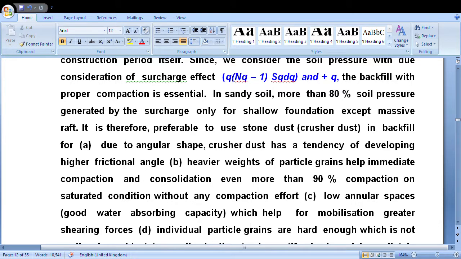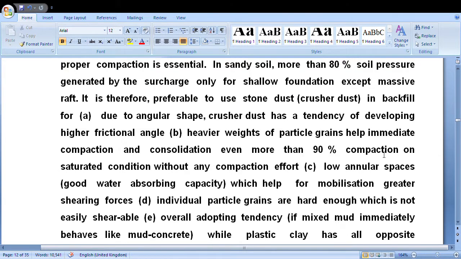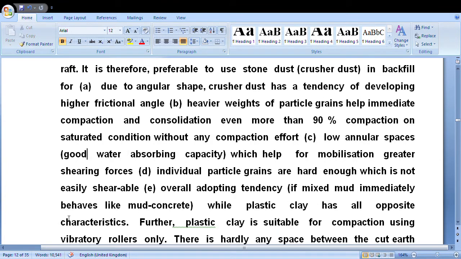The next advantage is that all individual particles of crusher dust are hard enough, and are not easily shearable. Overall, crusher dust has an adapting tendency like silt.